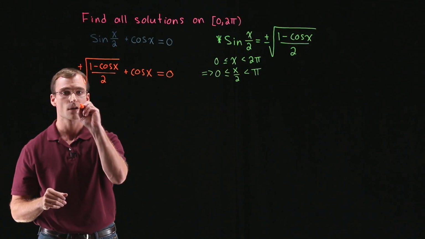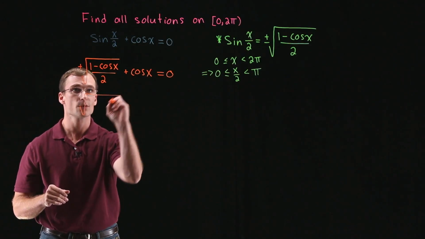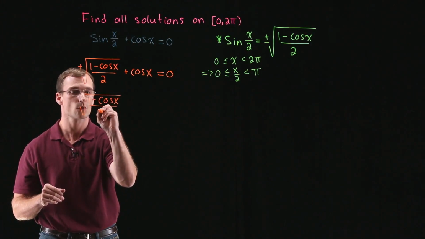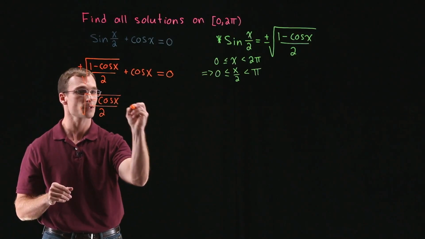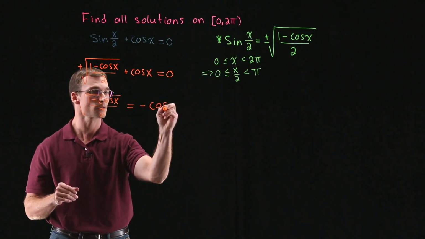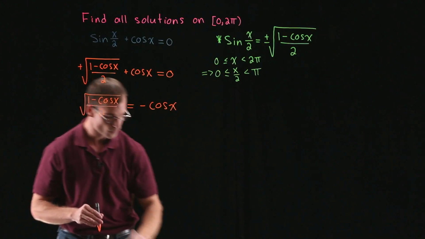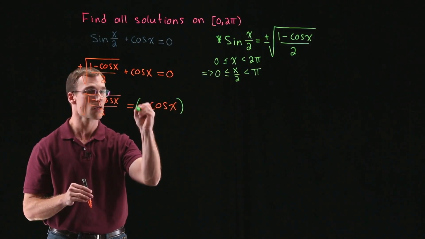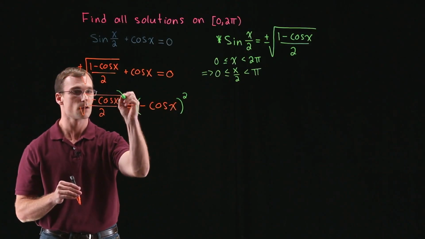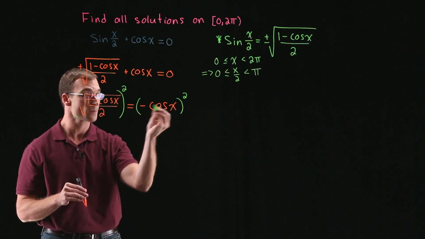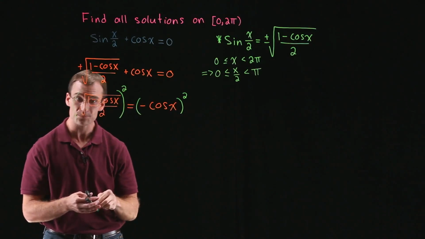So we have our square root of 1 minus cosine x over 2, and we'll subtract cosine x to the other side. So this will be equal to negative cosine x. Now, when we square both sides, we'll get rid of the square root on the left and just have positive cosine squared on the right.